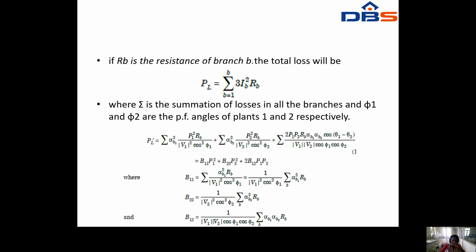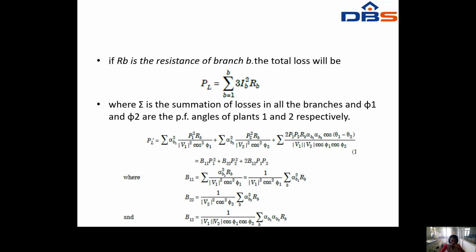Here RB is the resistance of branch B. The total loss will be PL equals the sum over branches B of 3 IB square RB, where sigma is the summation of losses in all branches, and phi 1 and phi 2 are the power factor angles of plant 1 and plant 2 respectively.